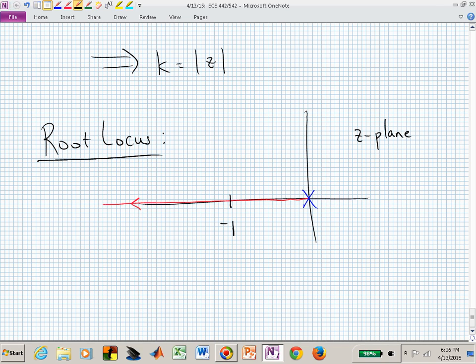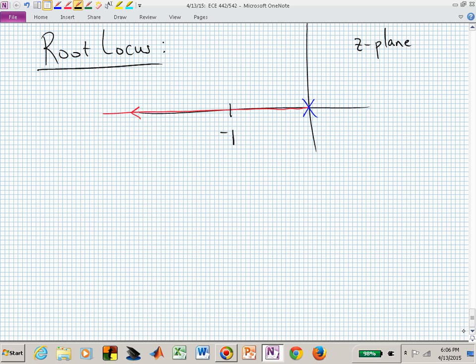We don't want that to happen. And that then gives us our upper bound on the stability of this system. We can now say, what is the maximum gain for stability?